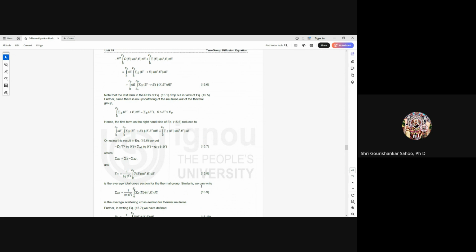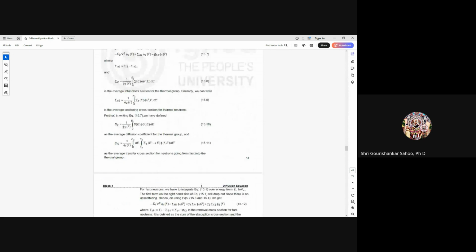This is the average total cross section for the thermal group, and we can write sigma s2 is equal to 1 by phi 2 integration 0 to EC sigma s phi dE, and it is the average scattering cross section for thermal neutrons.